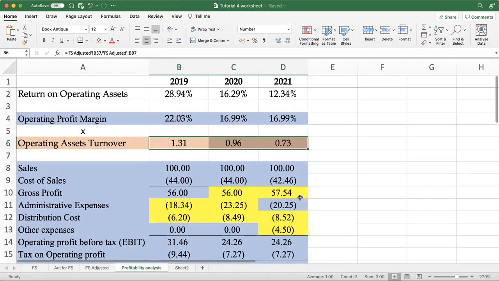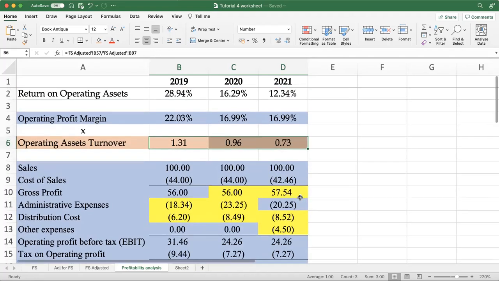Right. Now we have analyzed the reasons. We have analyzed the return on operating assets, and we have found the major reasons for the changes in return on operating assets from one year to the next.